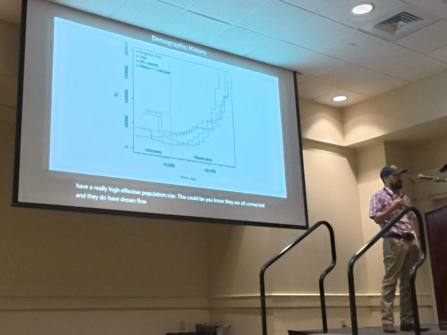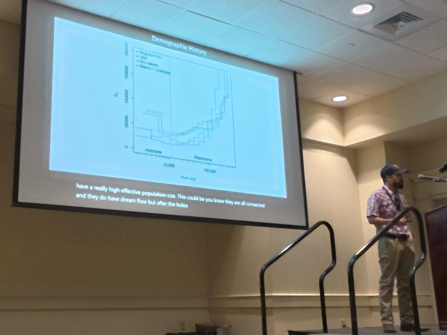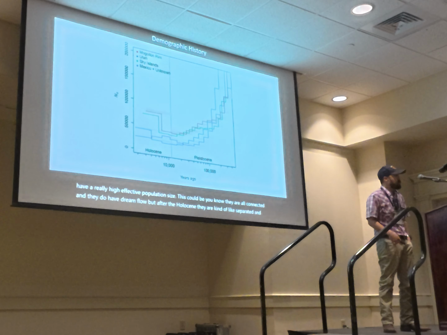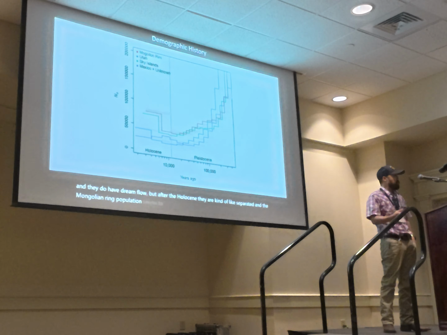But after the Holocene, they became separated. The Mongolian Ring population seems to have remained very large and very stable, but individuals from the Mexico or Utah populations have gone through a sharper decline, suggesting that they are more isolated or experiencing some strong genetic drift or bottlenecks.